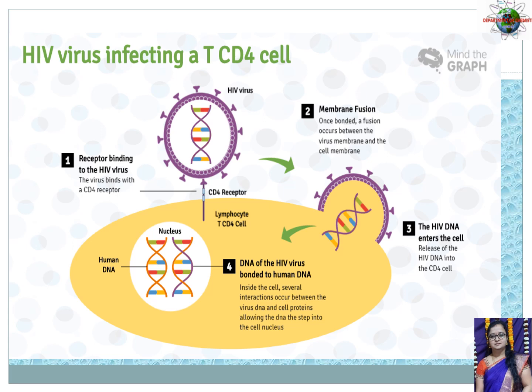What is this membrane fusion? Once bound to the CD4 cell, a fusion occurs between the virus membrane and the cell membrane. In the third step, what happens? The HIV DNA enters the cell. Release of the HIV DNA into the CD4 cell occurs, and in the last step, the DNA of the virus bonds to human DNA.